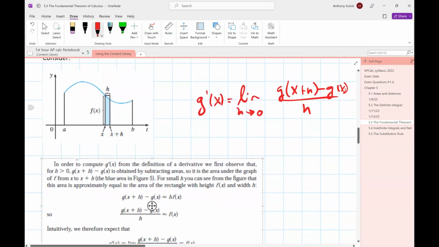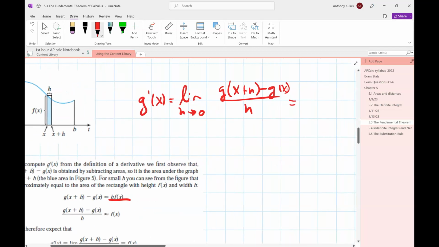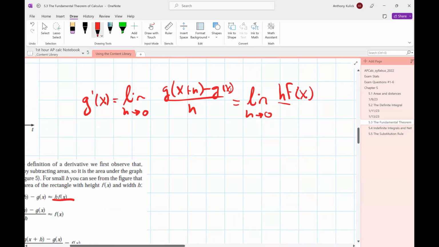So if I look at g of x plus h minus g of x, that is this rectangle, correct? So I can replace that with h times f of x. And the h's cancel out. So f of x is a constant with respect to our limit. These are limits in terms of h. So the limit of a constant is just the constant.